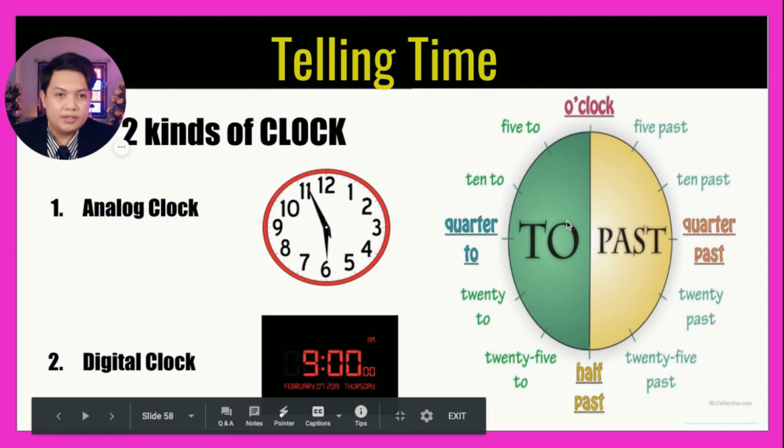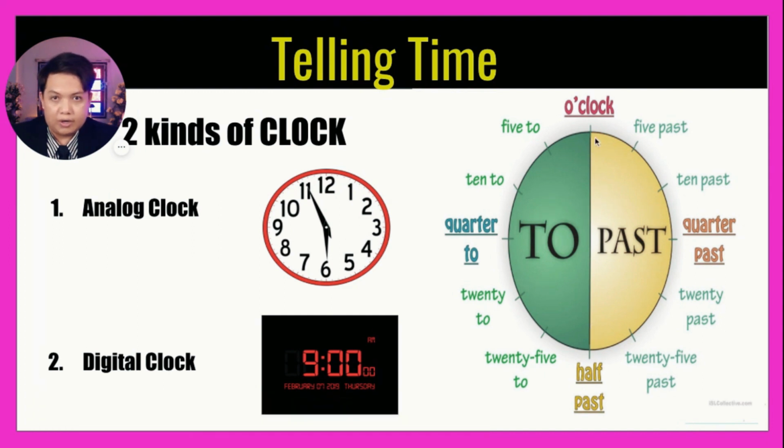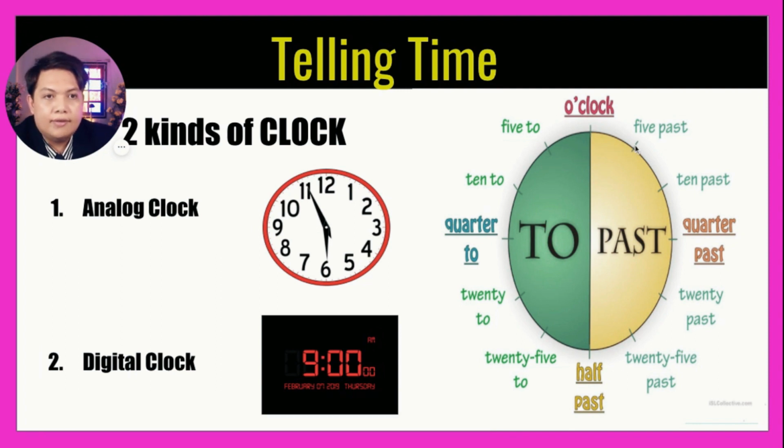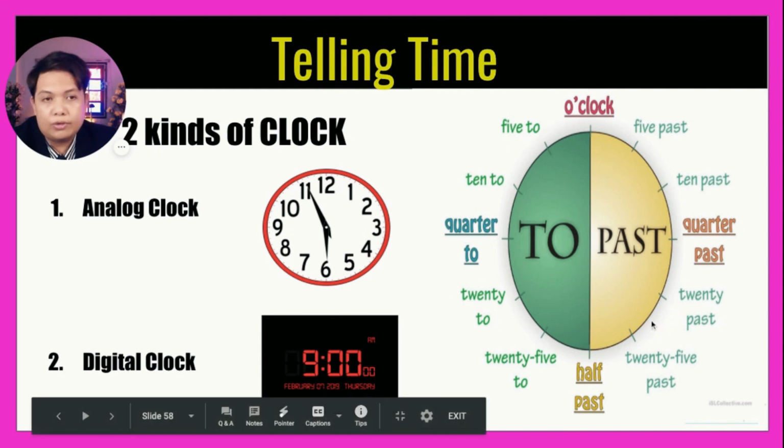As you can see here, the analog clock is divided into two parts, in halves actually. All the numbers on the right have 5 minutes value. So 5 minutes, 5 minutes, 5 minutes, and so on and so forth.